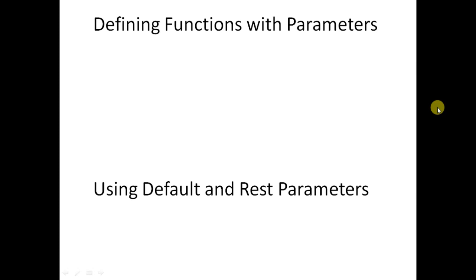If you call the function with fewer arguments than it has parameters, then any parameters you have not supplied a value for are set to undefined, which is a special JavaScript value. If you call the function with more arguments than there are parameters, then the additional arguments are ignored.